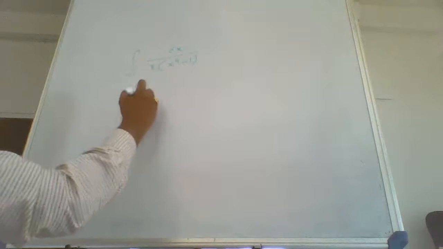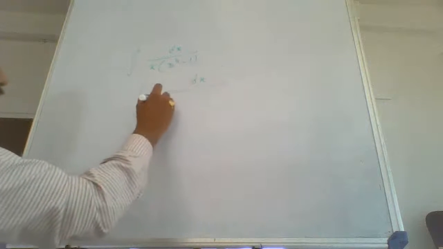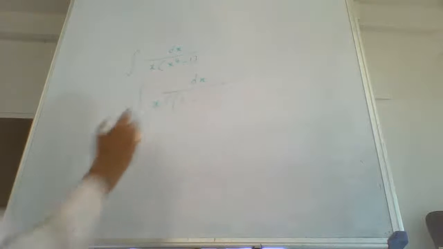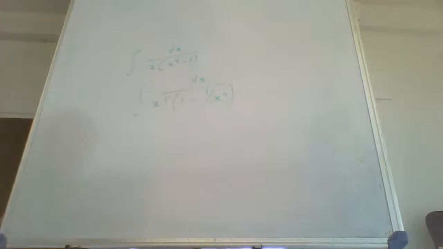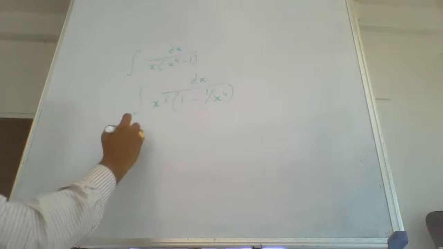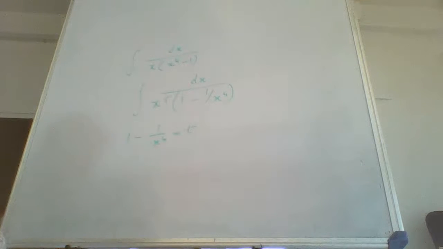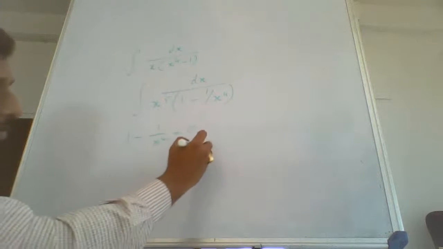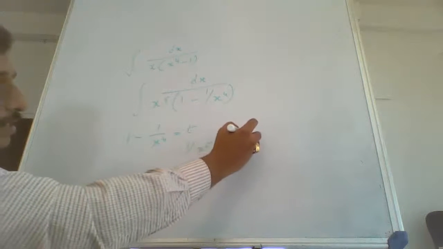So this will be dx by x power 5 into 1 minus 1 by x power 4. Let us put 1 minus 1 by x power 4 equal to t. So the differentiation would be 1 by x power 5 into dx equal to dt.